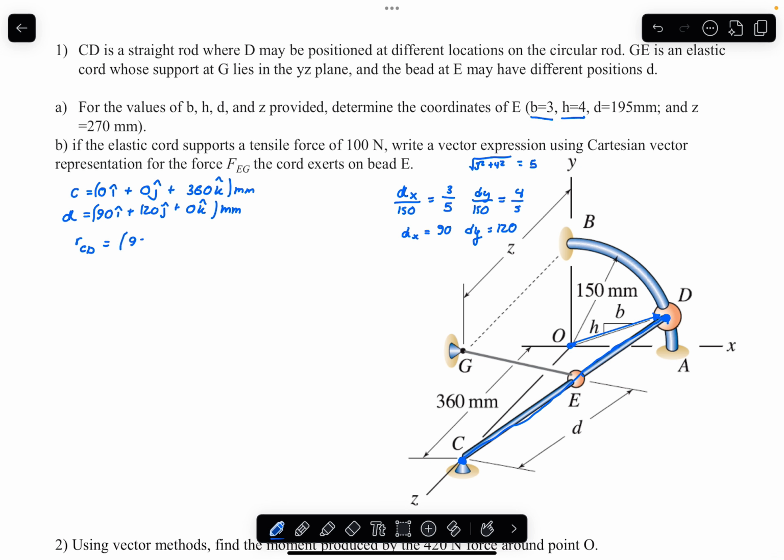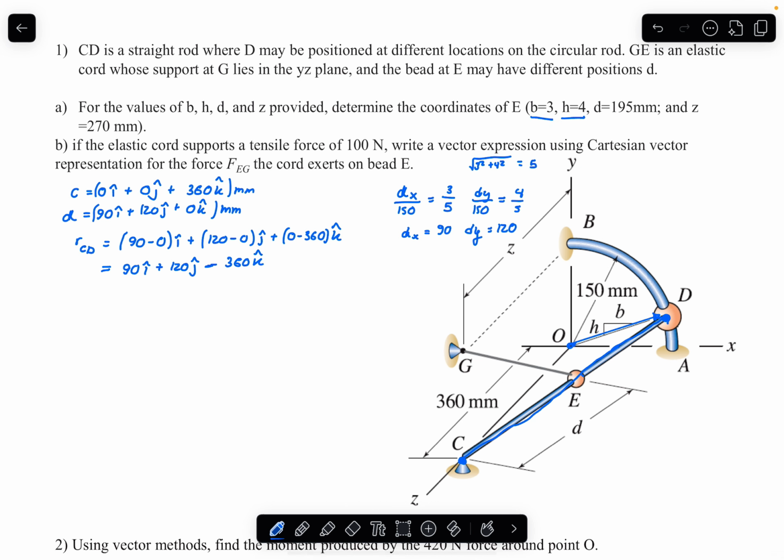So 90 minus 0 i hat, plus 120 minus 0 j hat, then 0 minus 360 k hat. This means that RCD is going to be 90 i hat plus 120 j hat minus 360 k hat.